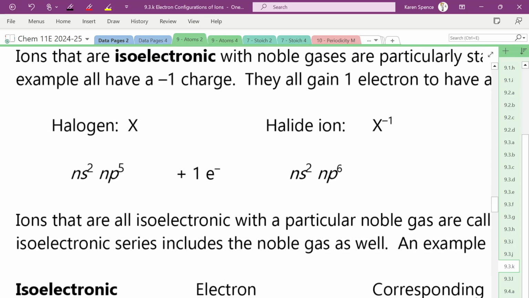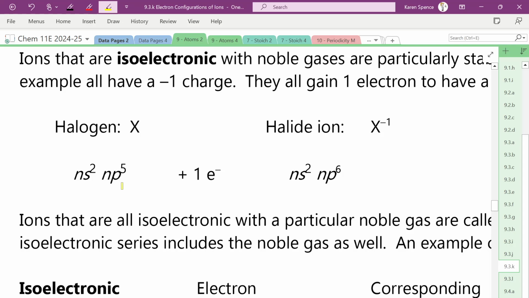Our halogen always ends in something p5, because they're one before the end. You add one electron, so it becomes something p6. That's our halide ion, and once you have filled the p subshell, that's the same as a noble gas.